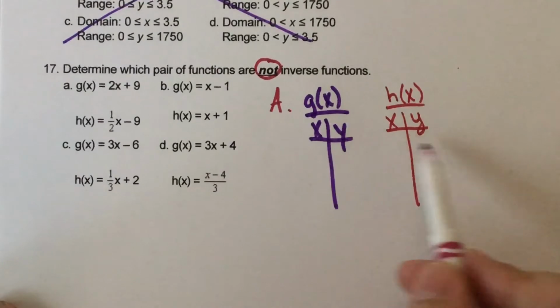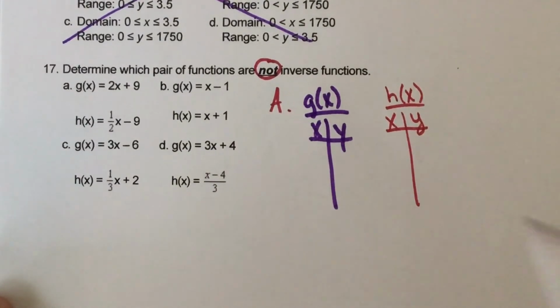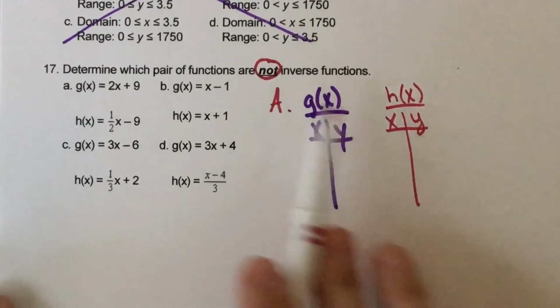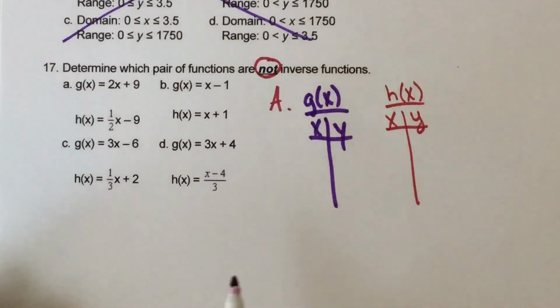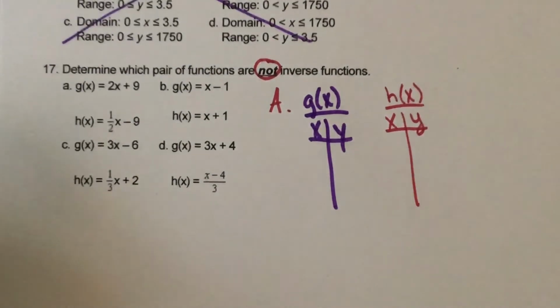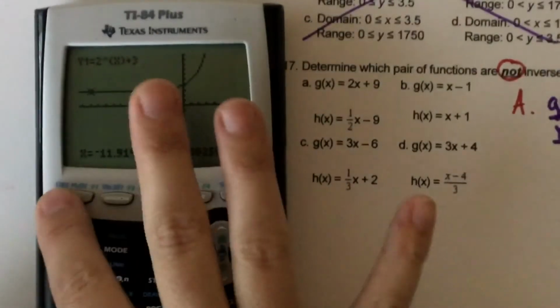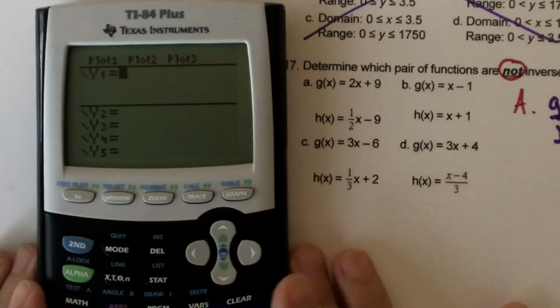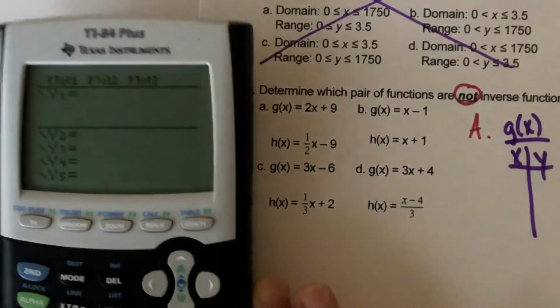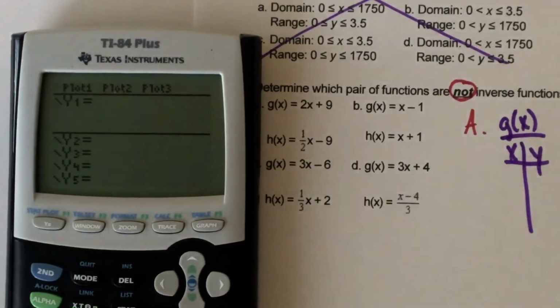If they're flip-flops of each other, then they are inverses. If they're not flip-flops of each other, then they're not inverses. Then I'm going to have to do this for B, C, and D until I find the correct answer. So a little bit of a pain, I'm not going to lie, but I think it's going to be the easiest way for you guys to do it.